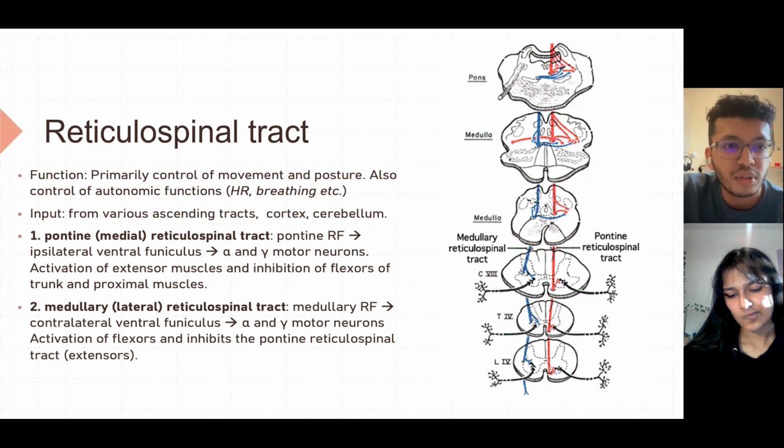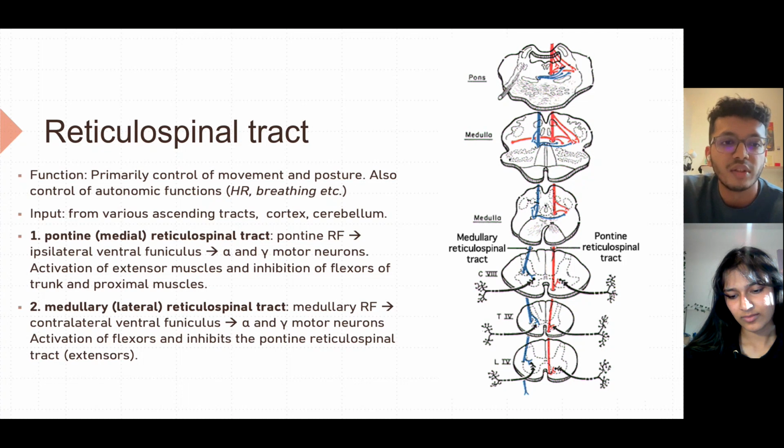So basically the input of the reticulospinal tract is from various ascending tracts, your cortex, your cerebellum, and you guys just need to remember, when you're talking about these extrapyramidal tracts, they are involuntary, so they're always firing, even when you're not conscious or you're not consciously doing a movement.